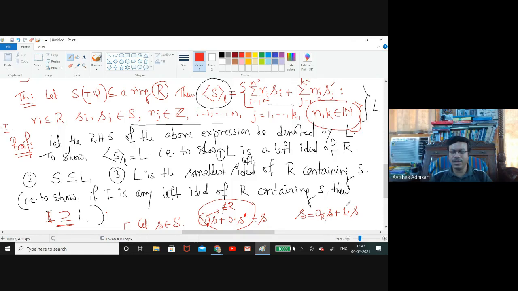This is the integer, it belongs to Z, it is always there, because n_j must be from Z and s dash from S. So this part is done, and this r should come from the ring, and I am putting it as 0_R, the zero element of R, into s, so that becomes 0 plus this is nothing but s, so ultimately this is s, and that belongs to L, no doubt about that.